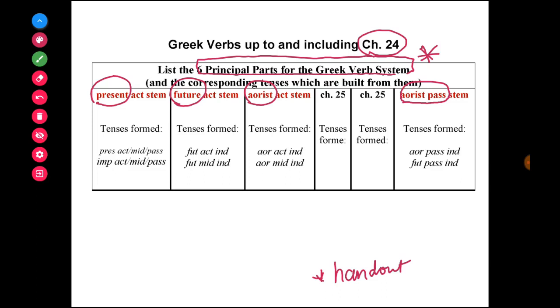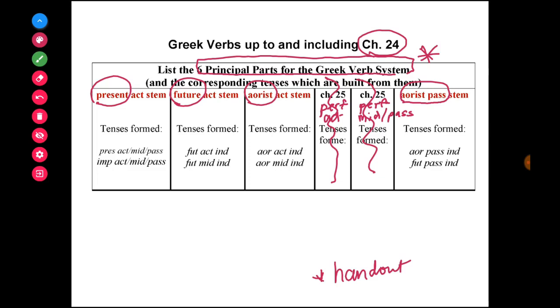So the only tense that we have to cover is the perfect tense, which is covered in chapter 25, both its active form and its middle passive forms. These are something we have not learned yet, and you don't have to learn now, so I'm going to cross this out. But you have learned the present, the future, and the aorist forms, active, middle, and passive.